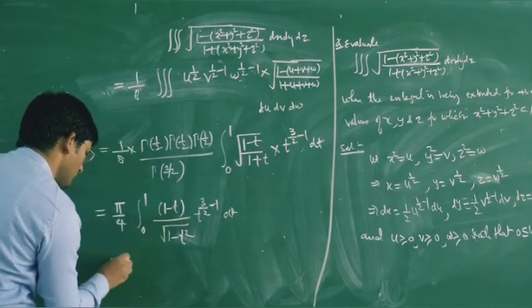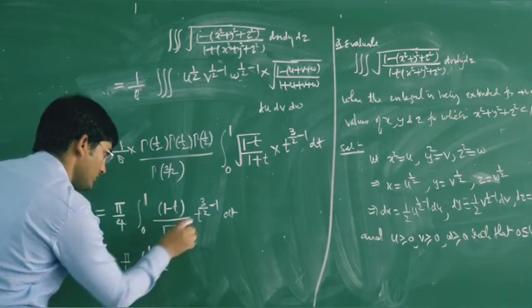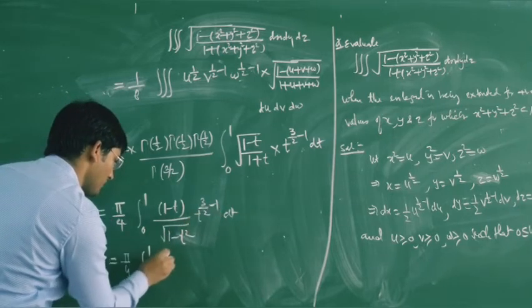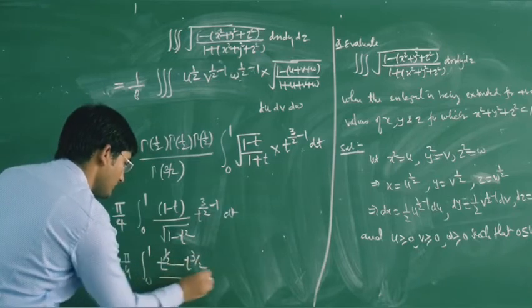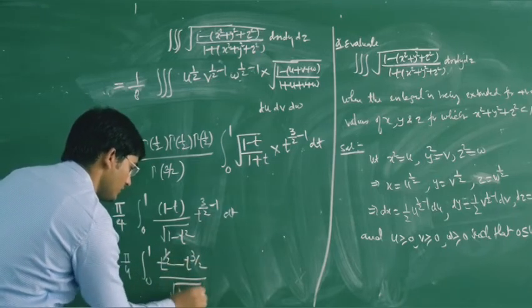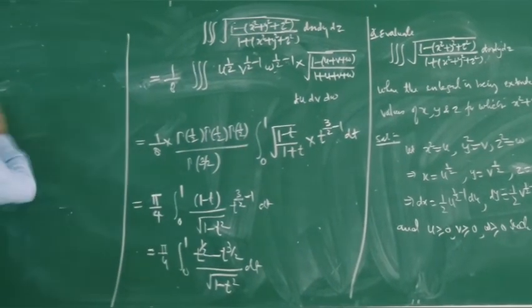So let us send this t power 3 by 2 minus 1 in the bracket. So this is equal to pi by 4. Then the integral 0 to 1. Now this will be t power half, so we have t power half and then minus t power 3 by 2 divided by this square root integral. Now let us put t square as u.